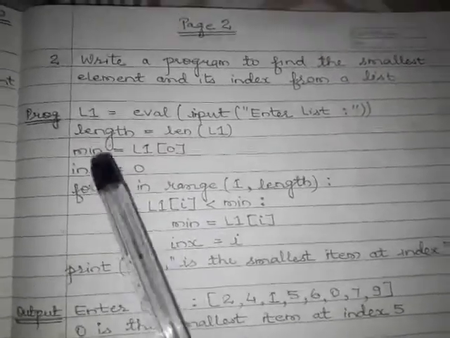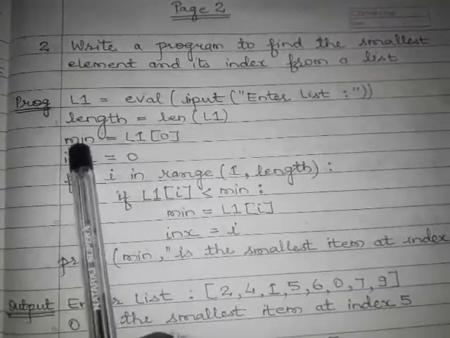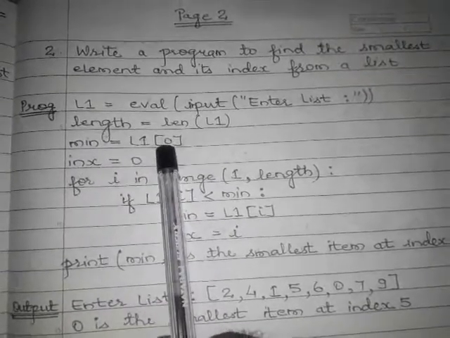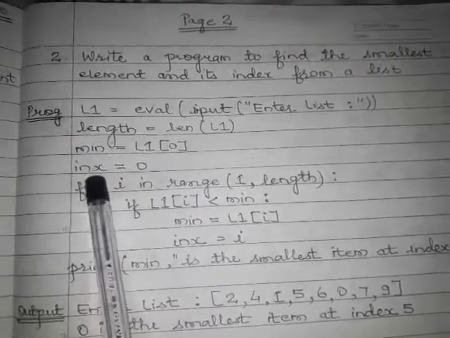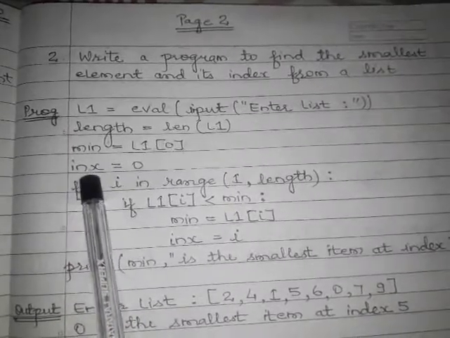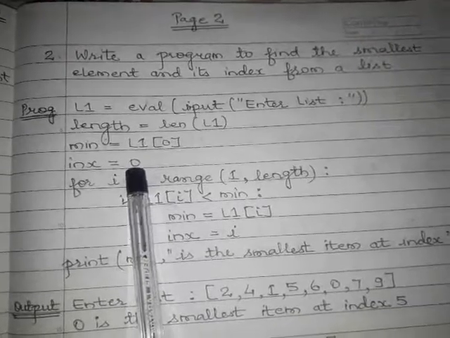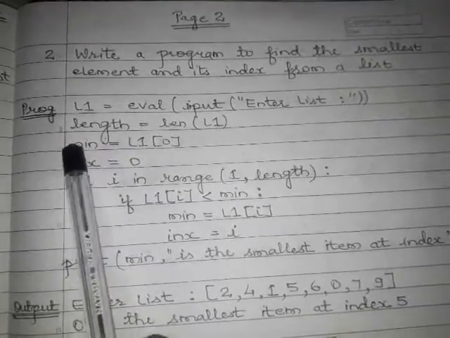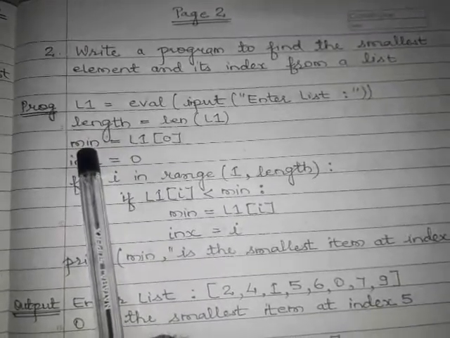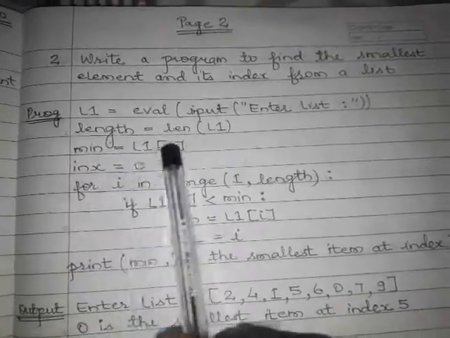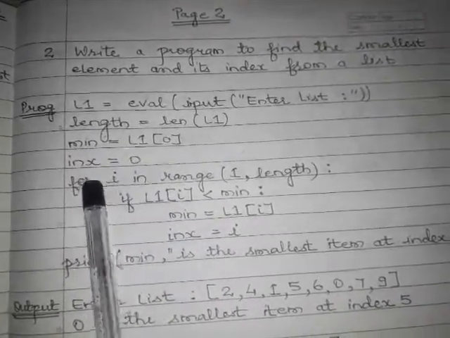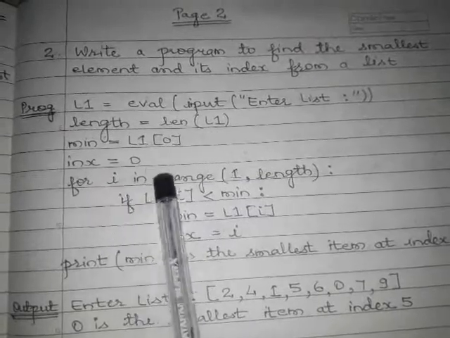For this we take two variables: minimum, in which the first element of the list is assigned, and a variable INX in which the index 0 is assigned, because it will give the position, and the minimum variable will give the smallest element of the list. Now after initialization we take a for loop, for I in range.